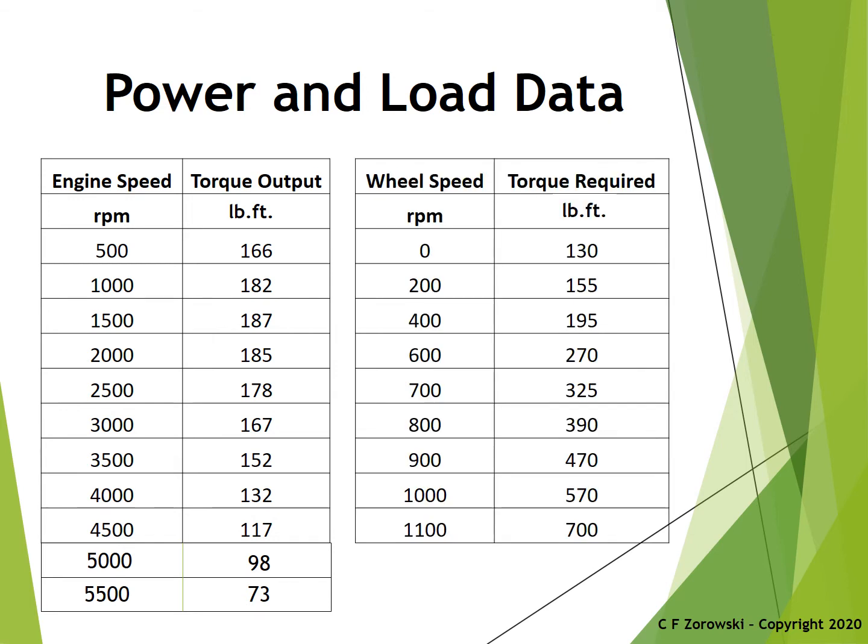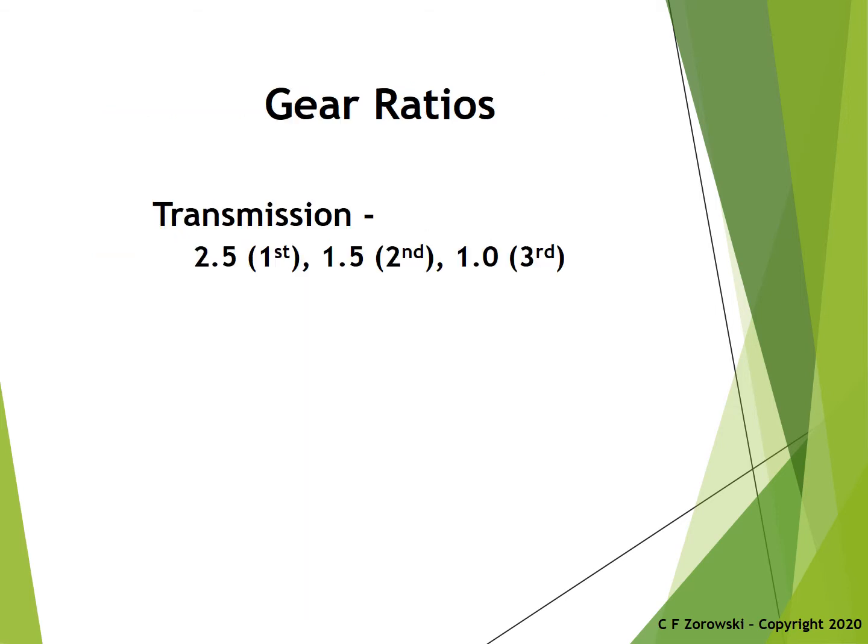Wheel torque required as a function of wheel speed is also available from road tests run on a similar size existing vehicle. This will be used in this analysis to determine maximum vehicle speed. The selected 3-speed automatic transmission has gear ratios of 2.5, 1.5, and 1.0.